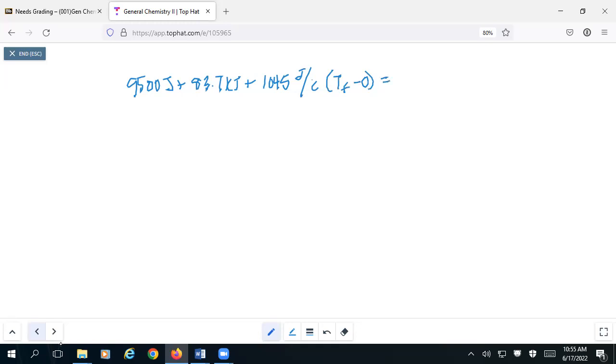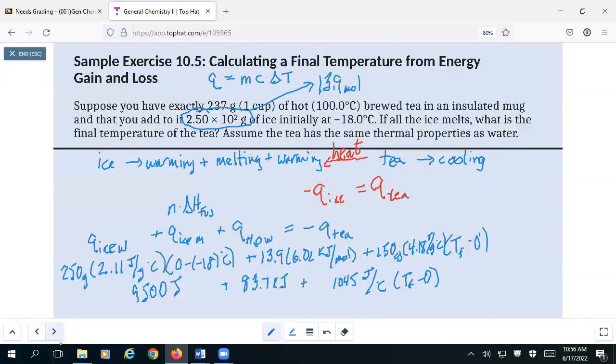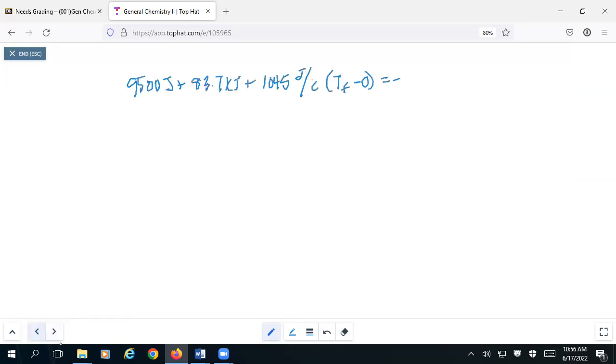And this is all going to equal, remember, we've still got the other side of this equation, the opposite of Q_tea, which would be 237 grams times 4.184 joules per gram degree Celsius, because we're told that the tea has the same thermal properties as water, multiplied by whatever the final temperature is minus the starting temperature, 100 Celsius.